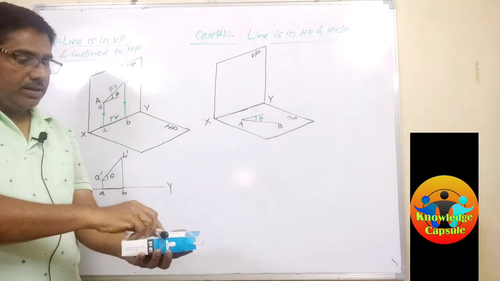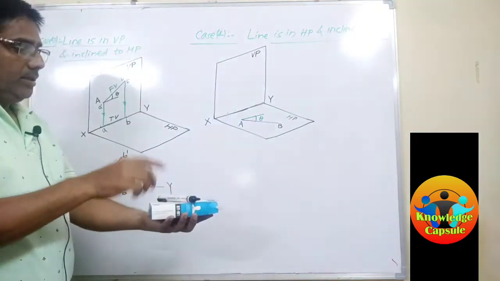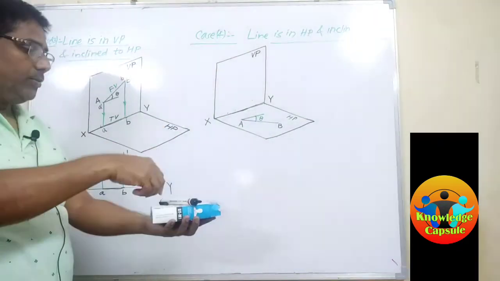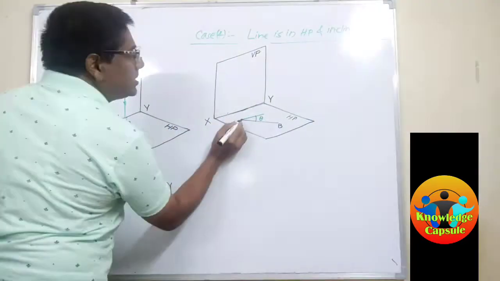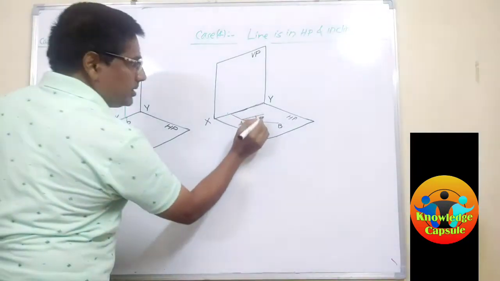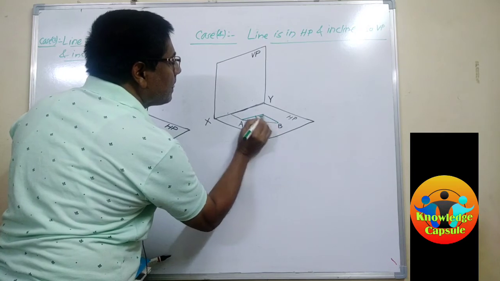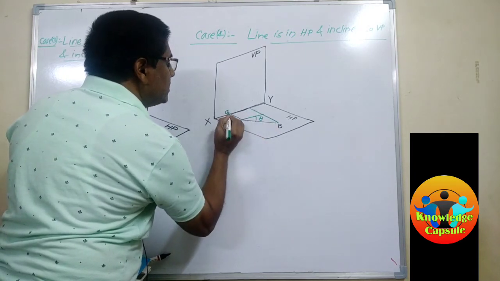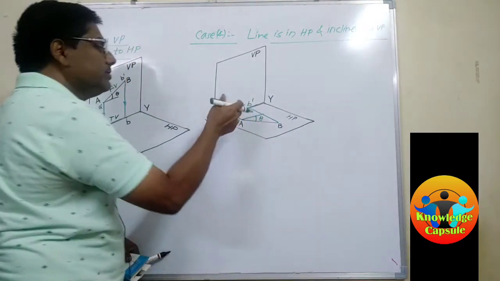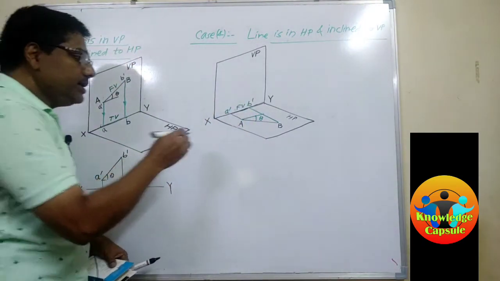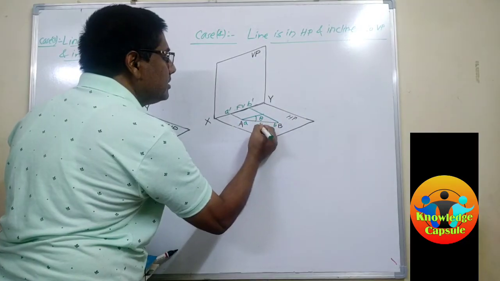If I place the line in the horizontal plane making a certain angle with the vertical plane, see, this line itself will act as top view, and after projecting two ends, these projectors will meet XY line. Therefore this is A dash, this is B dash. A dash B dash is the front view which we are getting on XY line, and line itself is a top view. AB is a top view.